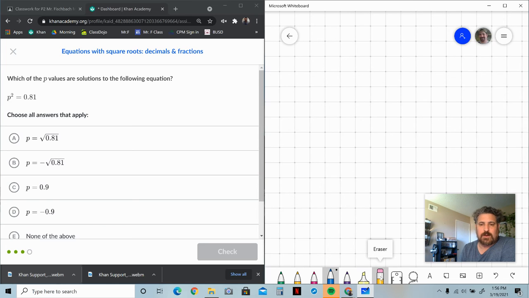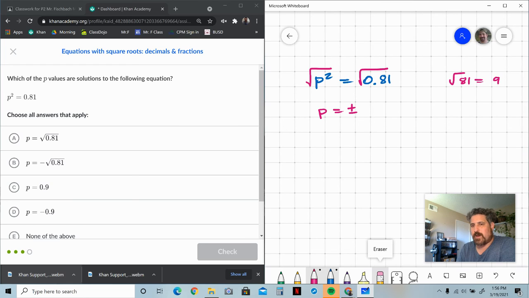So on this one here, you're going to do p squared is equal to 0.81. So you're going to take the square root of both sides. Now on this one, it's pretty easy because we can see that there's 2 decimal places that they move to the left. So this one is one where you can just think about what would it be, right? So the square root of 81 is just 9, right?